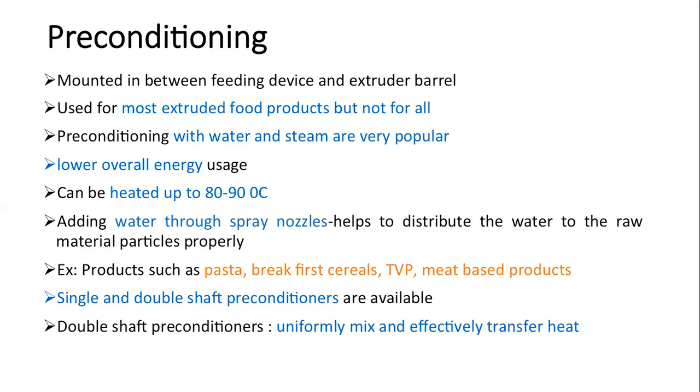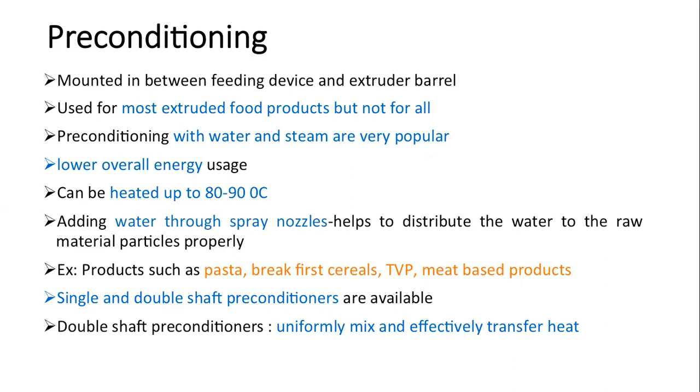So the extrusion process is there, the extruder is there, and before that the feeder is there. We need to feed the raw materials together, and in some extruders, while processing some raw materials, you can add other raw materials directly to the barrel, right?